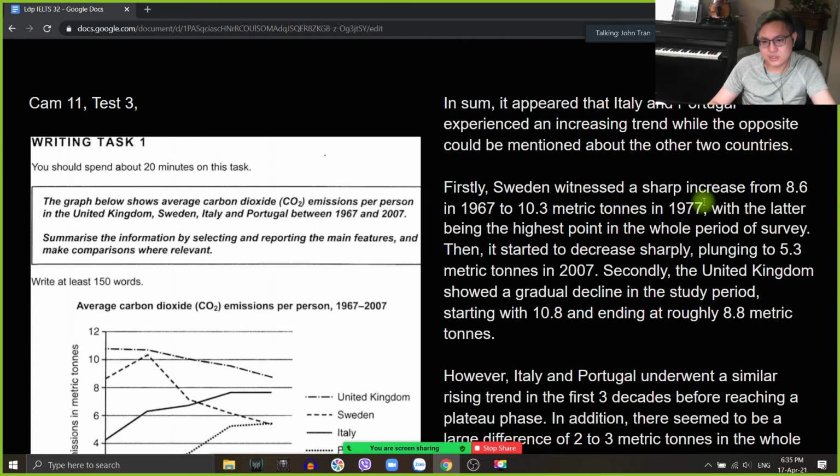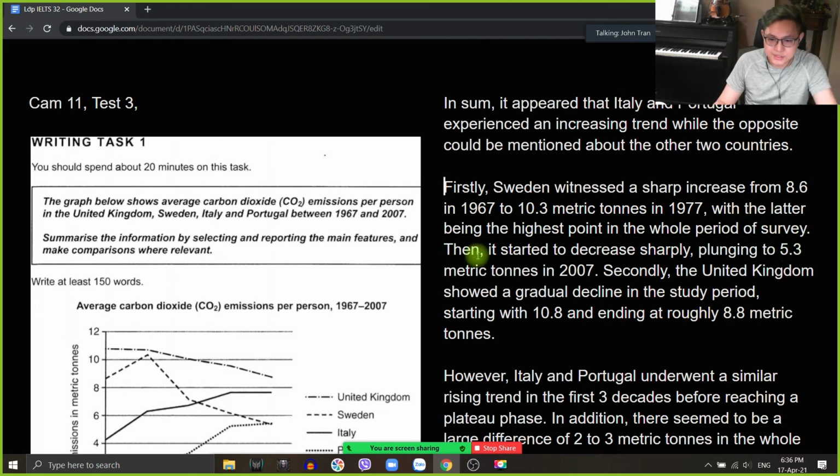Firstly, Sweden witnessed a sharp increase from 8.6 in 1967 to 10.3 metric tons in 1977, with the latter being the highest point in the whole survey period.